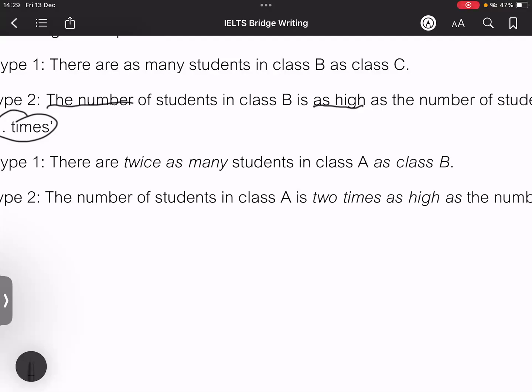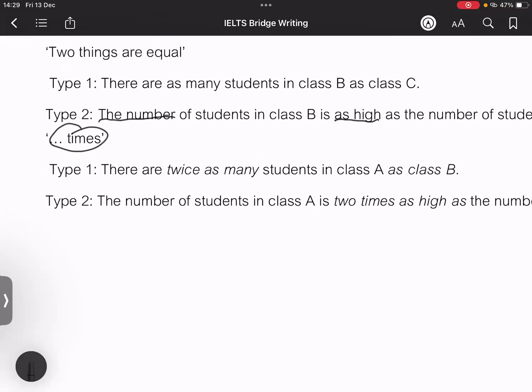So whatever number of students there are in Class A, Class B will be half of it. If there are 100 students in Class A, then there are 50 students in Class B. If there are 80 students in Class A, then there are 40 students in Class B. All right, so Class B is just half of Class A.